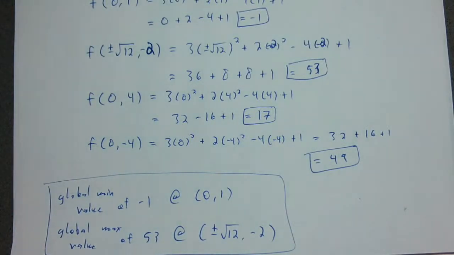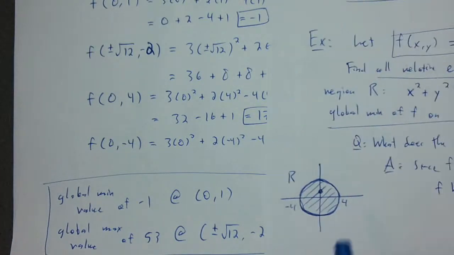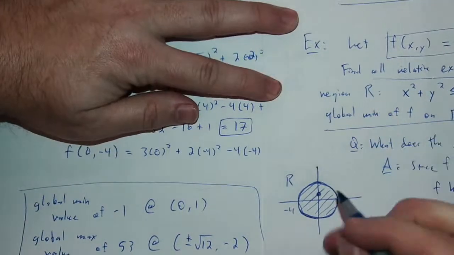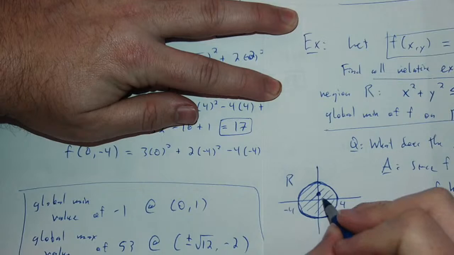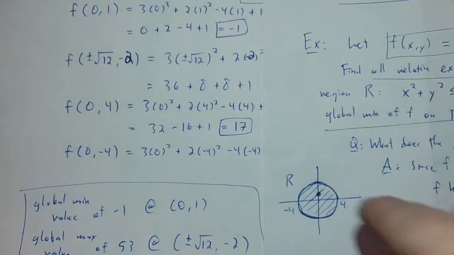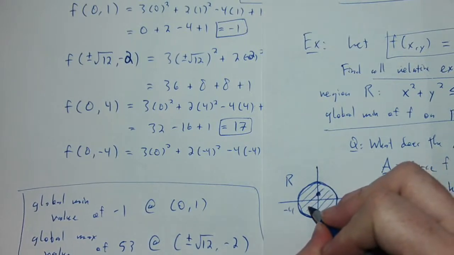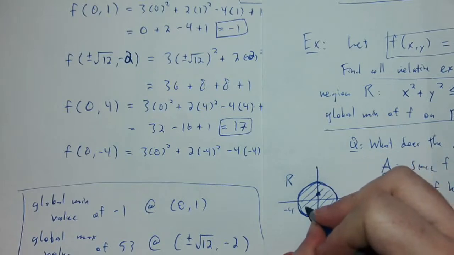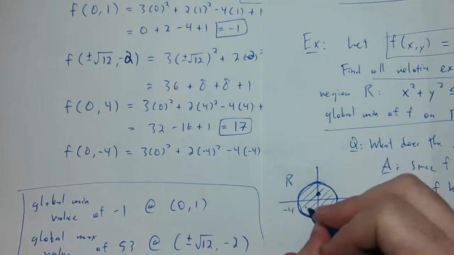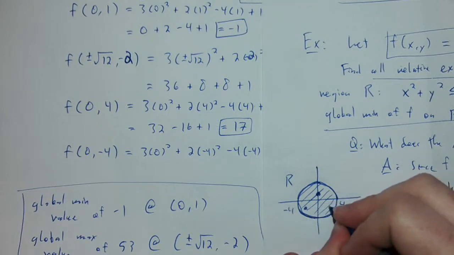So, if you'd like to see what that means here. So here's our region R. Here's my point 0, 1. So at that point, if this is the xy plane, my function is actually below the xy plane at this point, right? It's at minus 1. That's as small as it gets, okay? And the largest it gets is at plus minus root 12 minus 2, so points like here and here.